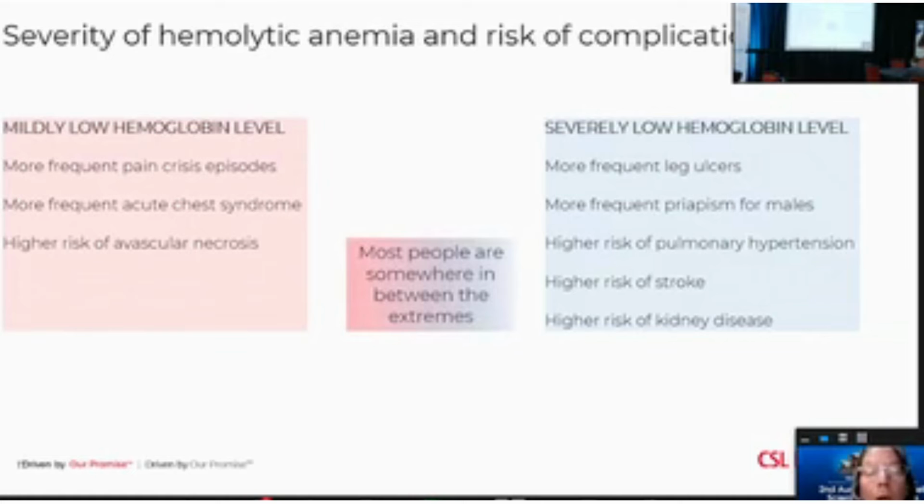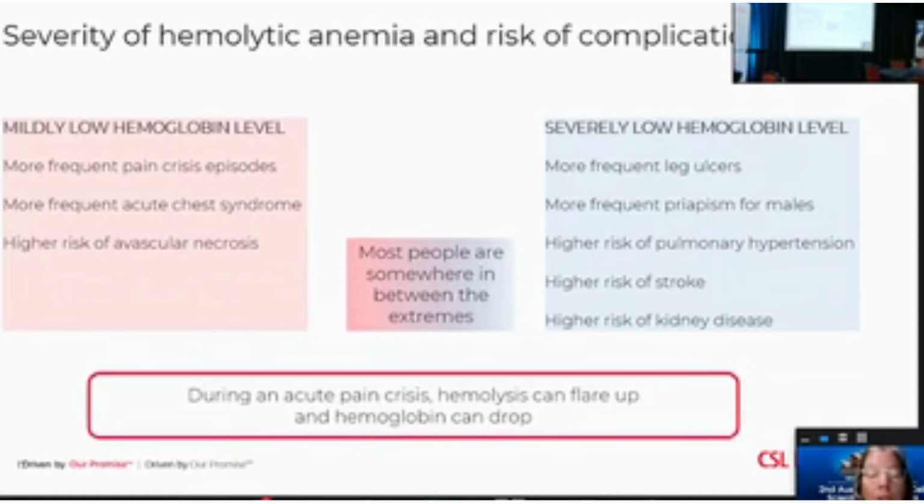Most patients are somewhere in between the extremes, but really this is a continuum of risk between mild anemia and severe anemia in terms of how it relates to the frequency of these health complications. And this isn't an all or nothing effect. This is really referring to a predisposition and just a tendency to have a higher or greater risk of these complications.